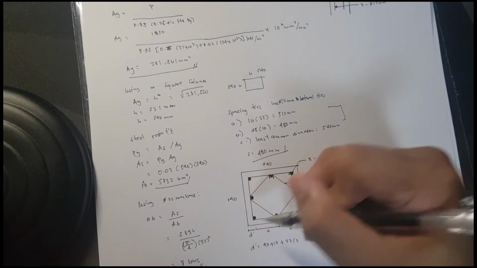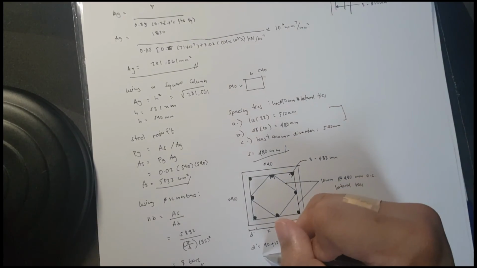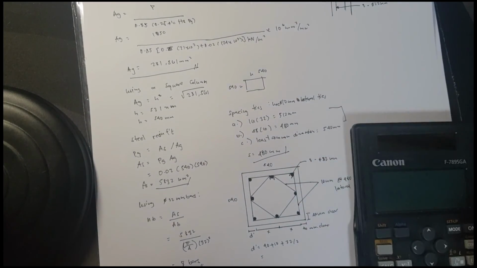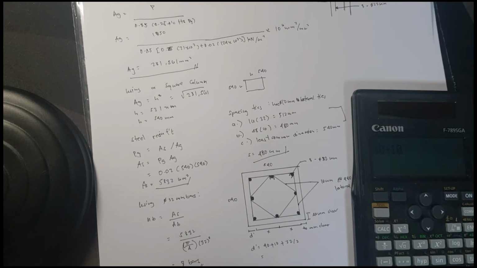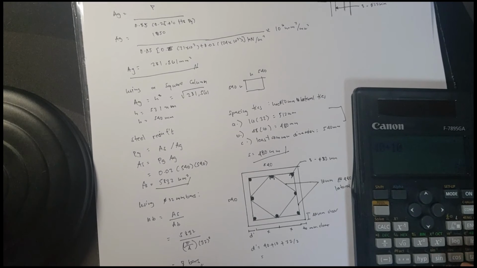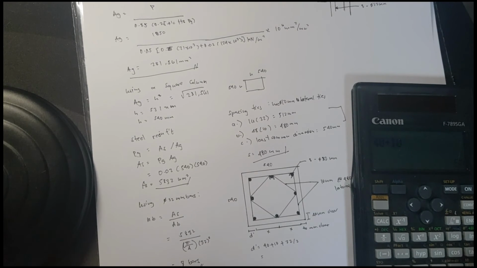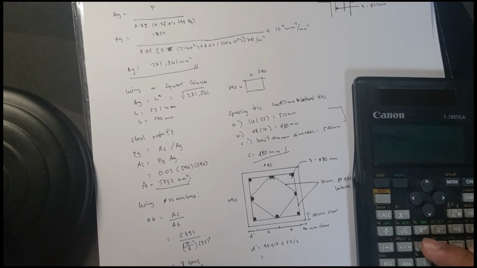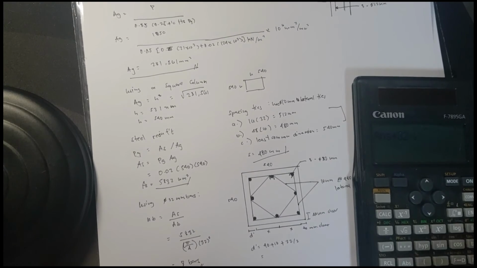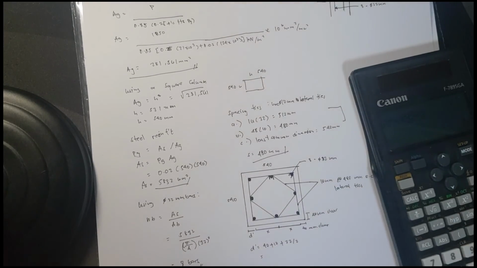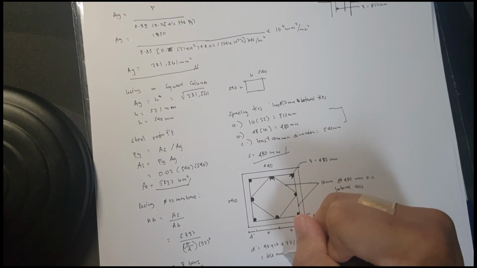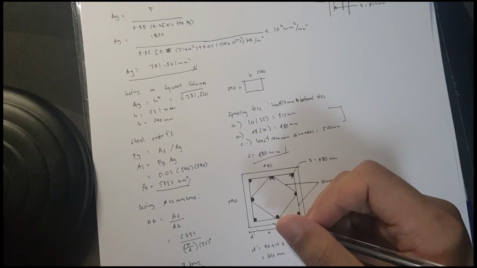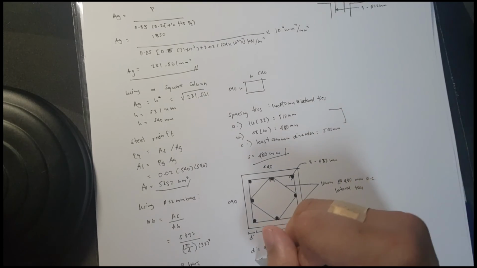Hanggang dito yung d prime natin. So 40 plus 10, siyempre 50 siya, plus 32 by 2, so 66 millimeter. So yun yung d prime natin.